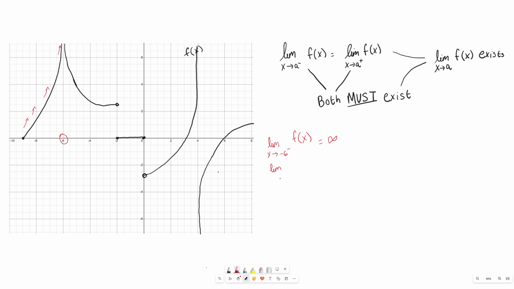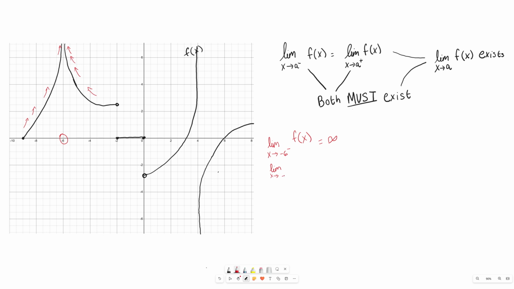Okay, now the right side. So, we go here. Oh, I forgot to make this x bigger. So it's basically the same thing. Now we're looking from the right side, so the arrows are going to lead that way. We're going to -6 from the right side.